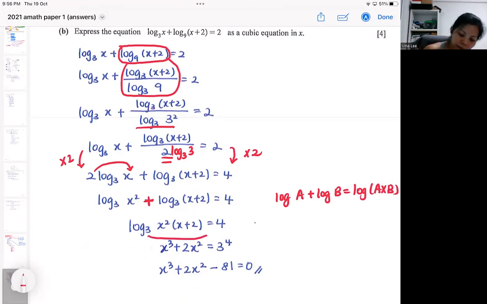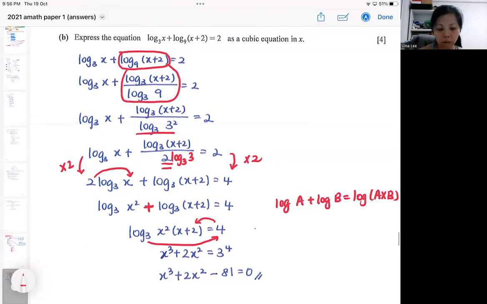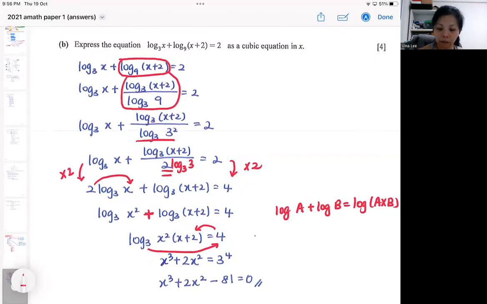After that, get rid of the log, so change it to index form. When you get rid of the log, that's where your cubic equation happens. You will stop at the cubic equation. There is no need for you to solve. If you can successfully do a change of base here, it's actually quite easy to get the cubic equation. No complex stuff at all. You just need to know the basic log rule and the change of base formula.